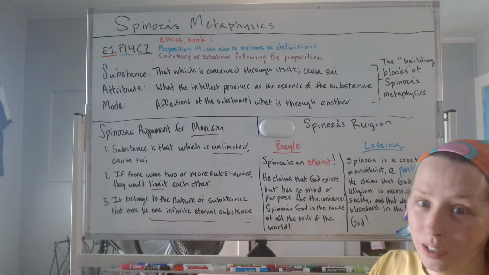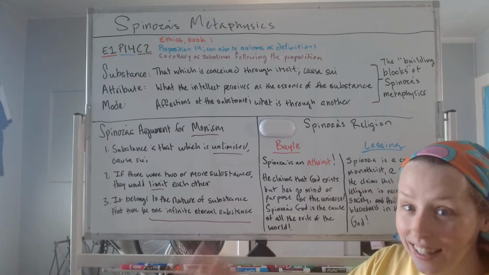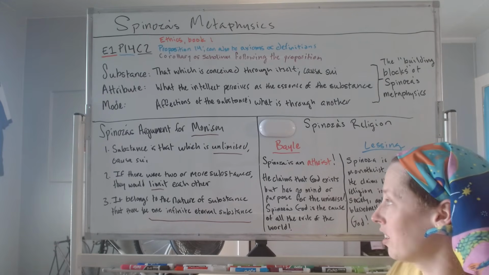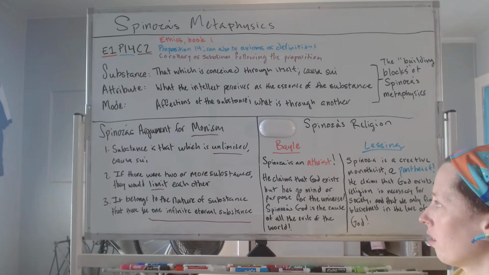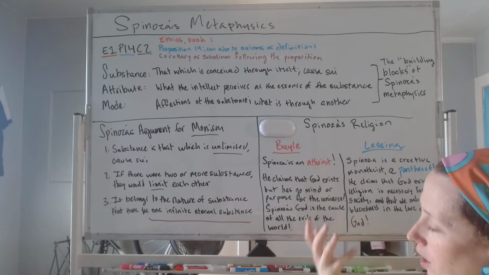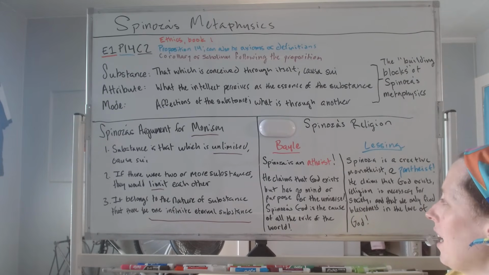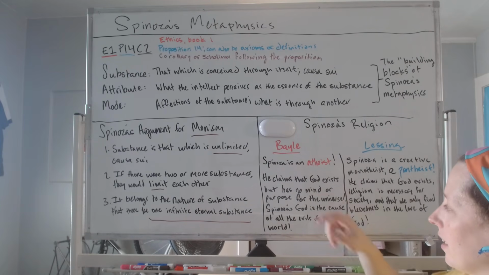To call someone a Spinozist was the same thing as calling them an atheist, and therefore also calling for them to be punished in some capacity, right? Dismissed as a university lecturer, for example. That's kind of ironic because Bayle himself was accused of atheism, but nevertheless, Bayle argues that Spinoza is an atheist, right?